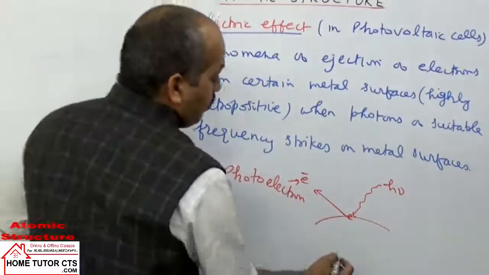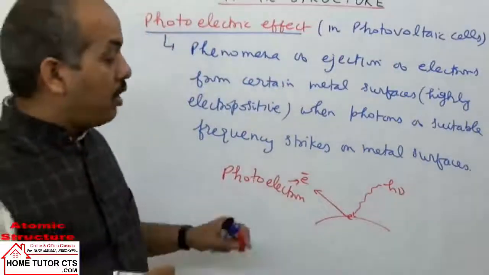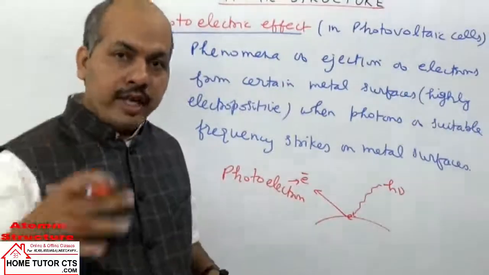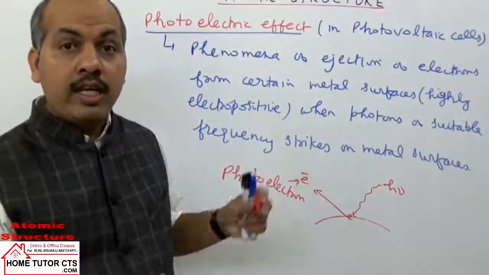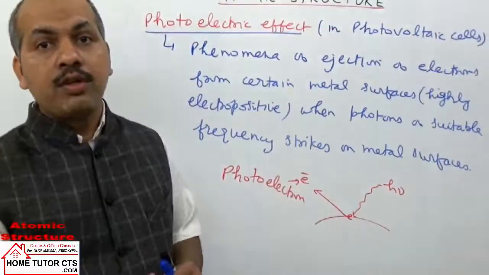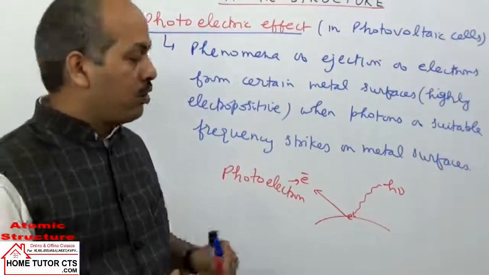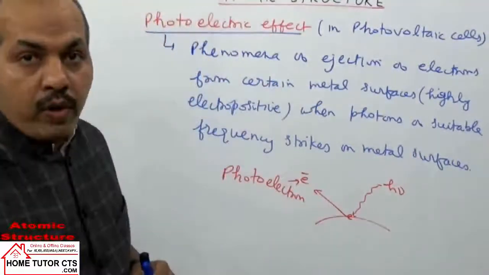Suppose we take an electron on the surface of the metal. Electrons anywhere are under the effect of nuclear attractive force. So for the ejection of this electron, some energy is required.